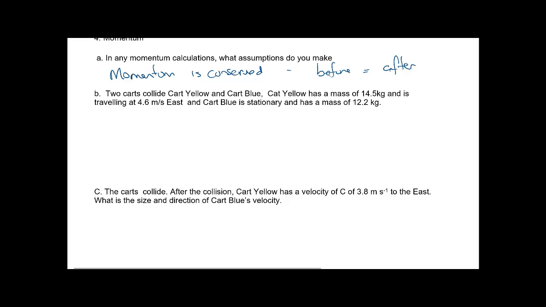So here's just a typical problem where you've got two carts that are colliding. You've got the yellow cart, 14.5 kgs, going 4.6 meters per second. So it's your mass times your velocity, which is going to equal your total momentum. And that has to equal the mass of this.